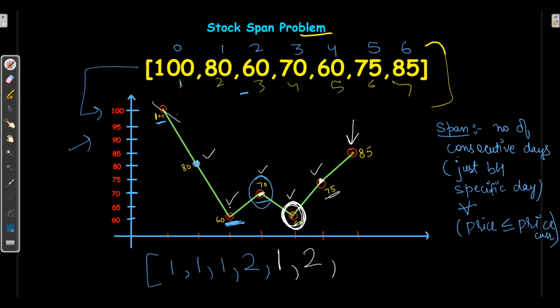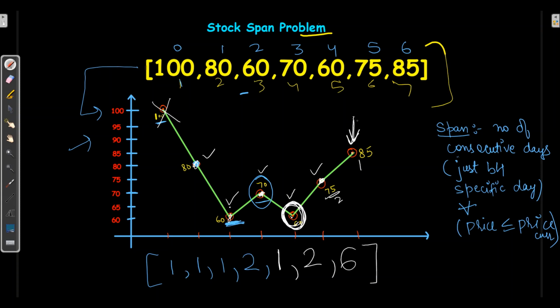So we will ignore it. Now for 85, it will be 1 plus 1, 2, 3, 4, 5 and 6. So this is how we can calculate the span of stock price on that particular day.